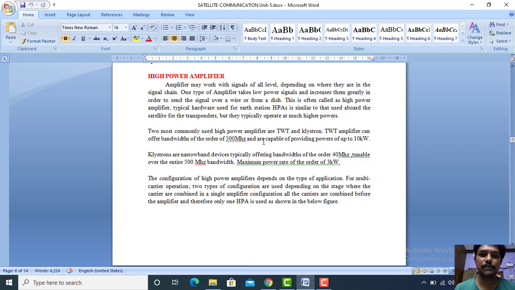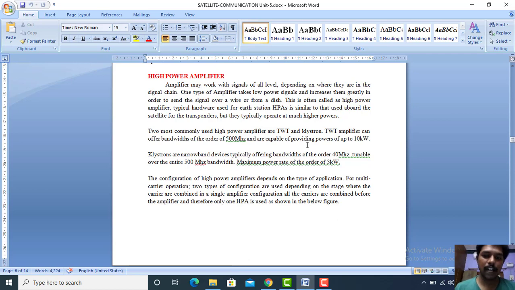The most common types of amplifiers that we use here are, first, the TWT, the traveling wave tube, and the second is called the klystron. TWT is the traveling wave tube amplifier, which operates with a bandwidth of 500 MHz, and the power provided to operate it is on the order of 10 kilowatt.